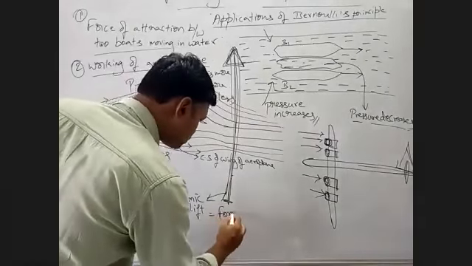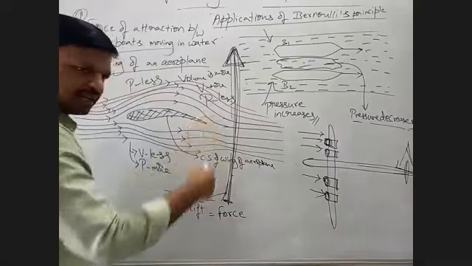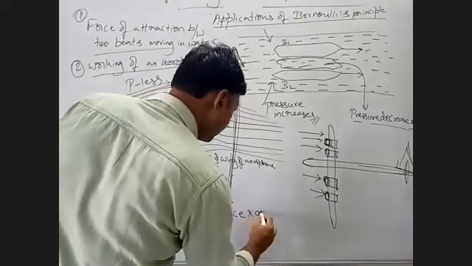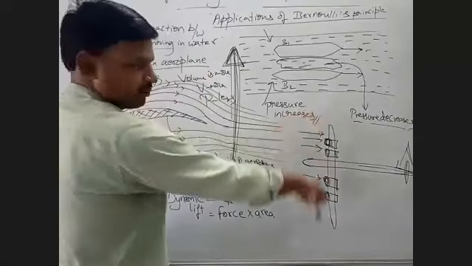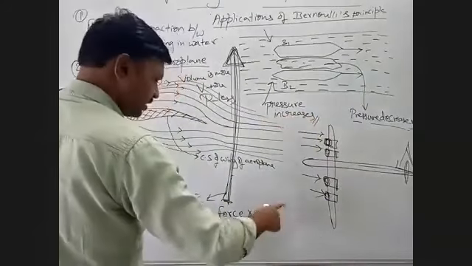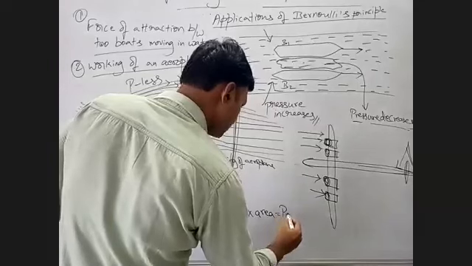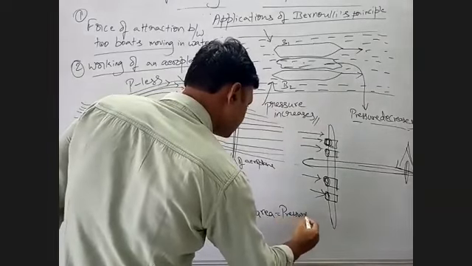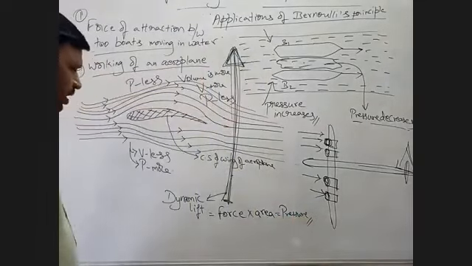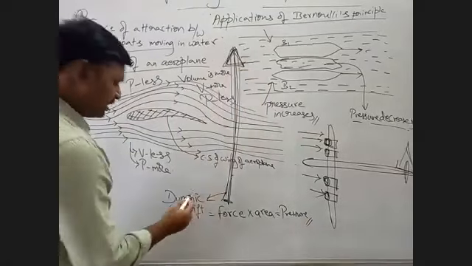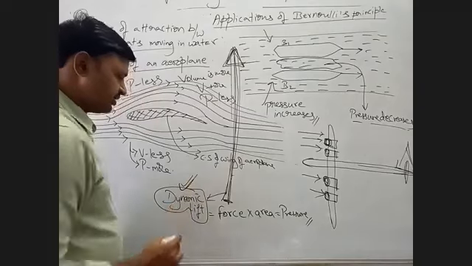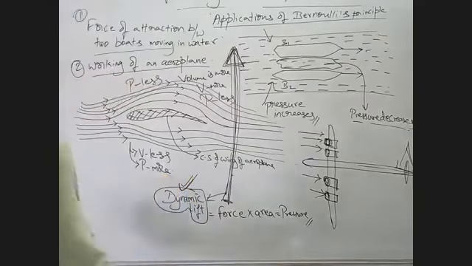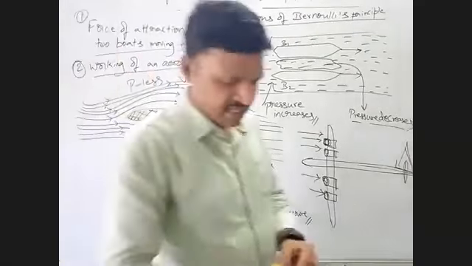So the force due to that air pressure, force into the total area of the wing. So it is nothing but pressure only, more pressure. This is dynamic lift. As a result, the flight gets lifted up.